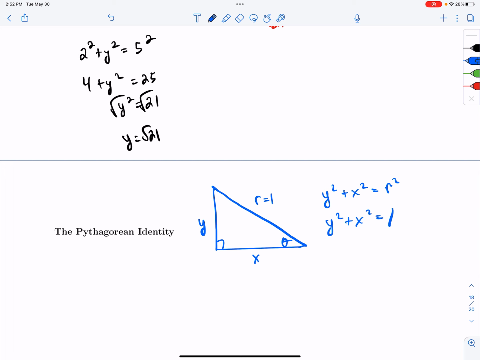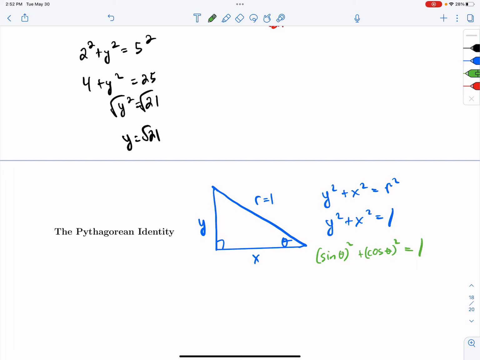Now recall that on the unit circle, which this triangle would be in because it has a radius of 1, the y coordinate corresponds to the sine value. So in place of y squared, I'm going to write sine of theta squared. In place of x squared, I'm going to write cosine of theta squared, and that is equal to 1.